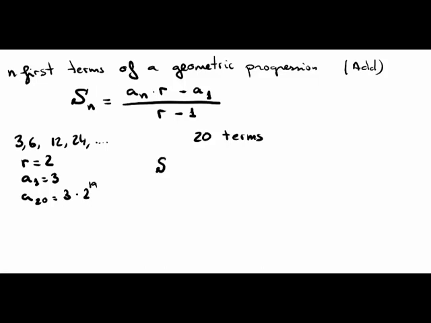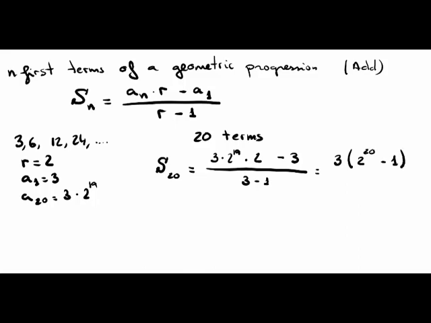So the addition of the first 20 terms will be 3 times 2 to the 19th multiplied by 2, which is the ratio, minus 3, and all divided by the ratio 2 minus 1. In the numerator, I can extract 3 as common factor, and I don't need to calculate. Here I have a special situation.